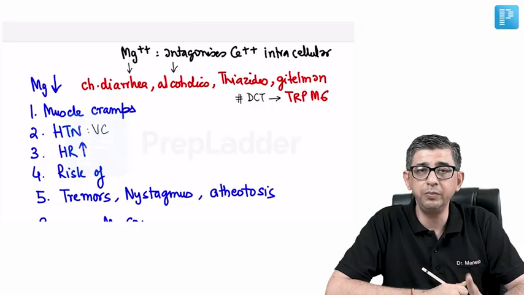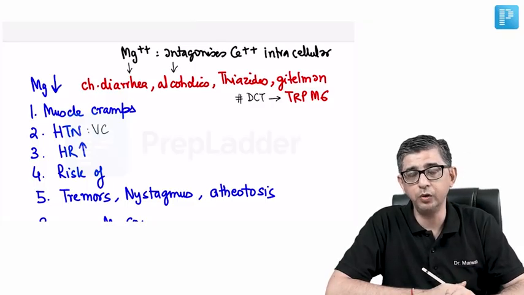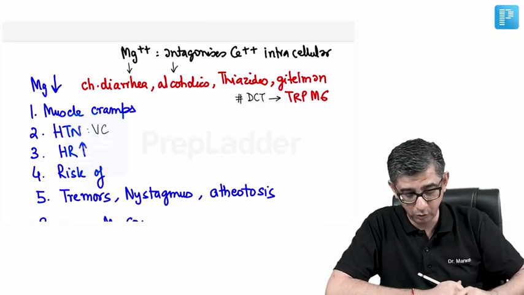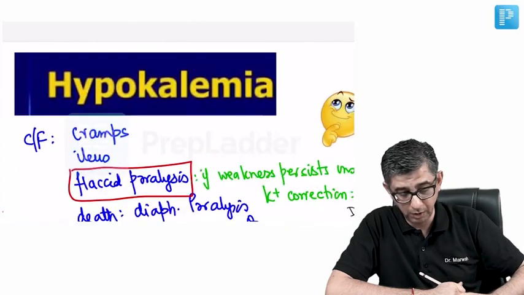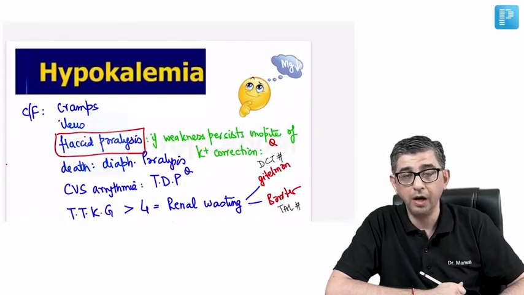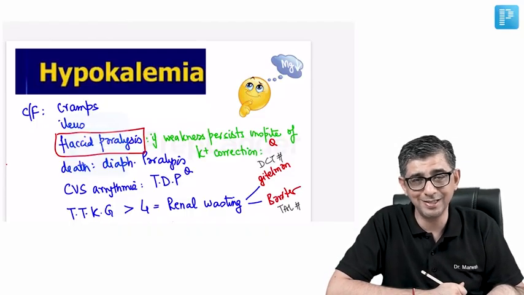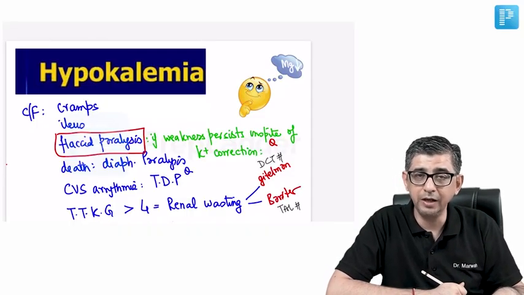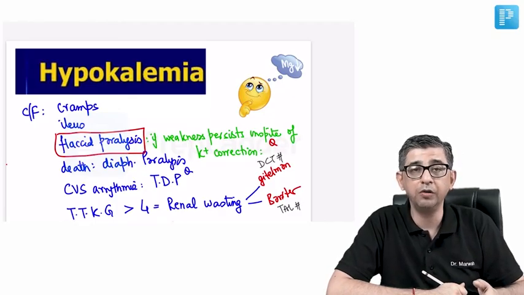So hypomagnesemia behaves like hypokalemia. In fact, as I have said in the main videos and even today, patients who have hypokalemia could have a simultaneous deficit of magnesium as well. Hypokalemia and hypomagnesemia can coexist in a single patient, and some clinical manifestations of hypomagnesemia mimic those of hypokalemia.